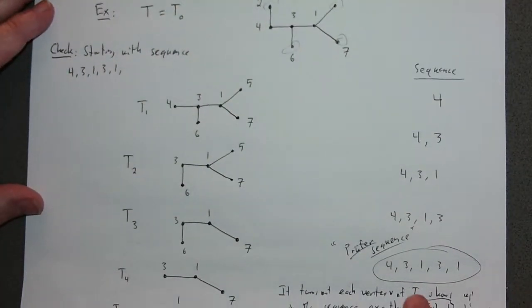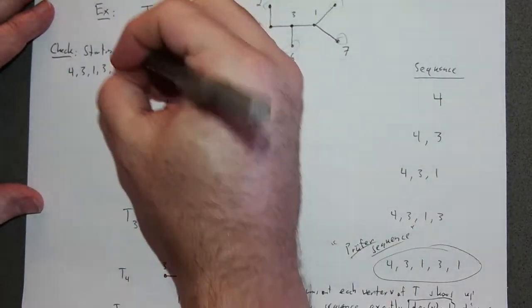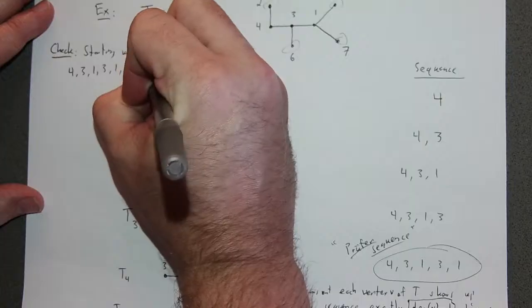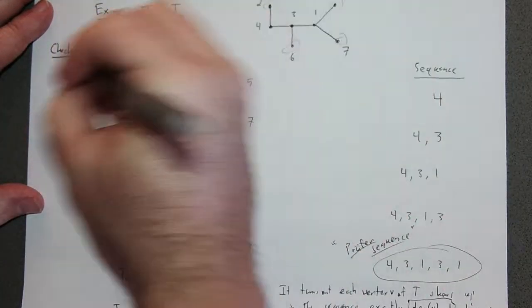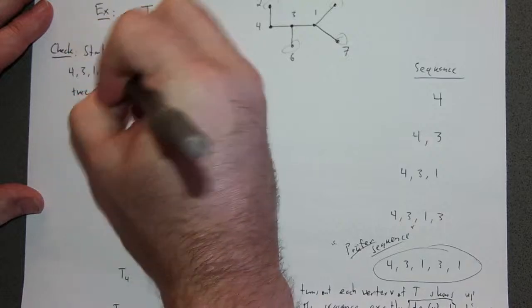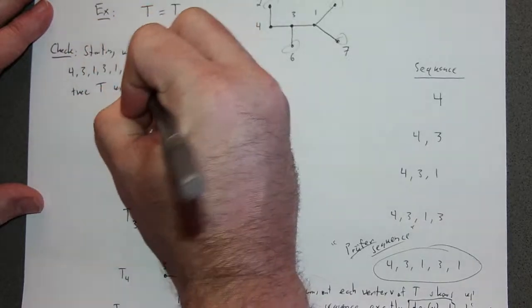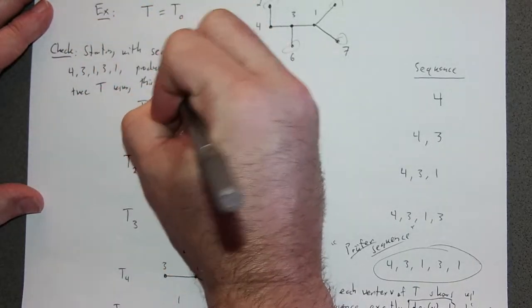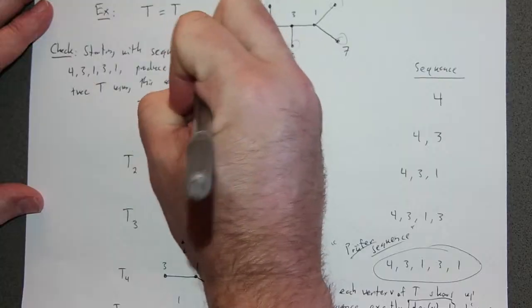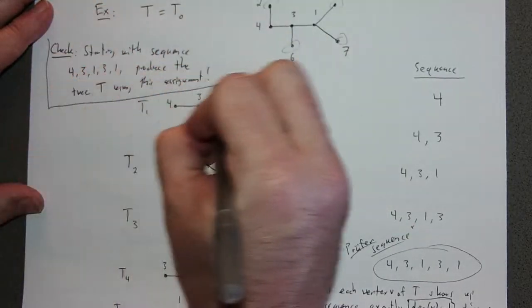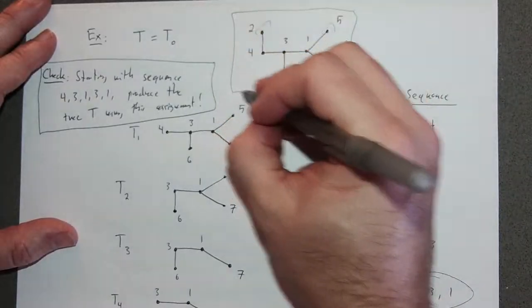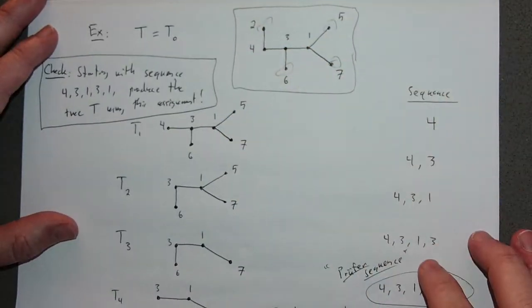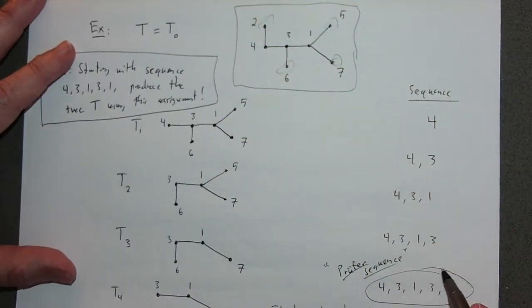Starting with the sequence 43131, produce the tree T using this assignment. So here's the tree that you should end up with. Here is the sequence.